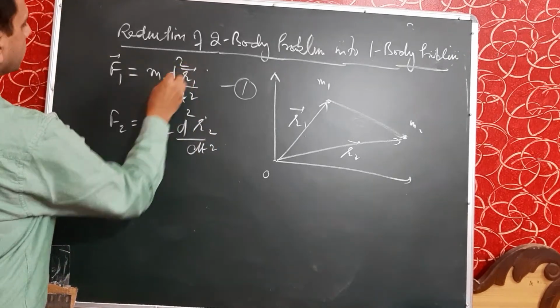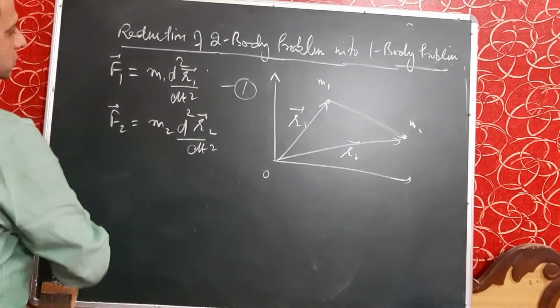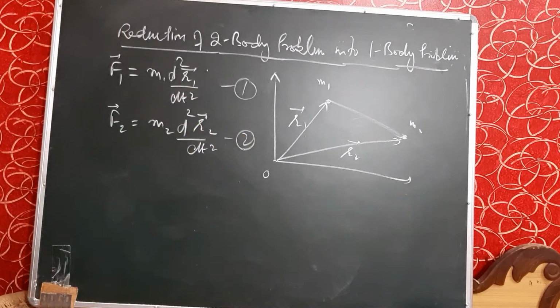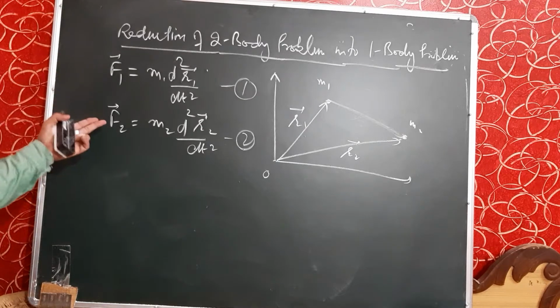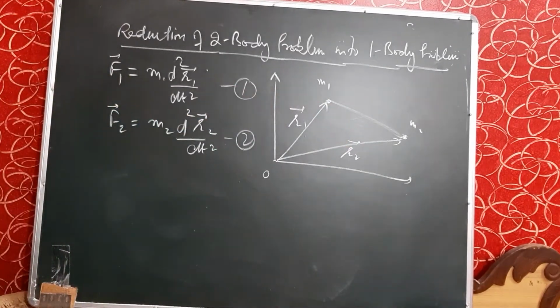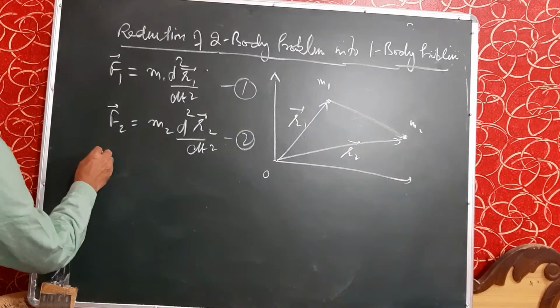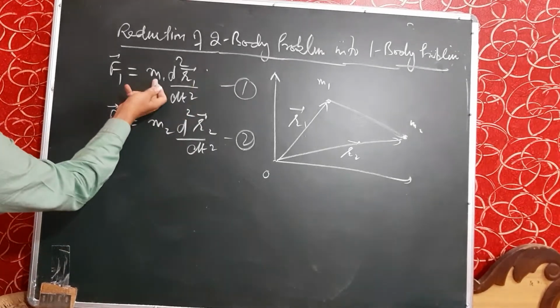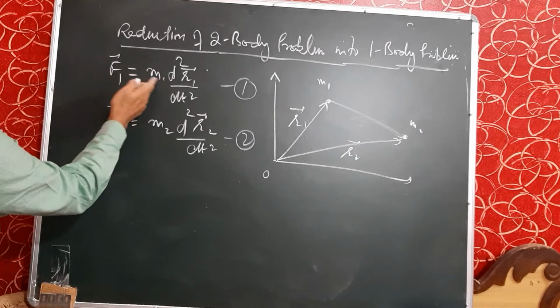In vector form, we will apply the vectors. So, this is the second equation. This formula comes from Newton's second law of motion, the force acting due to the first particle or due to the second particle. Now, I rewrite equation number 1 by dividing the left hand side by m1.